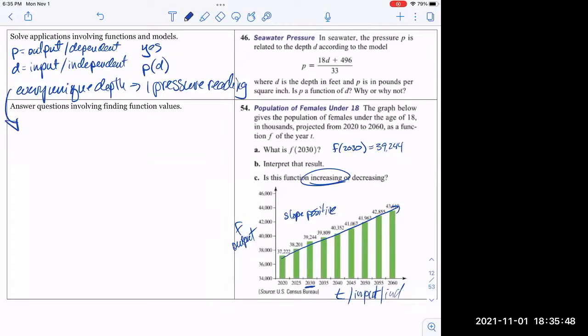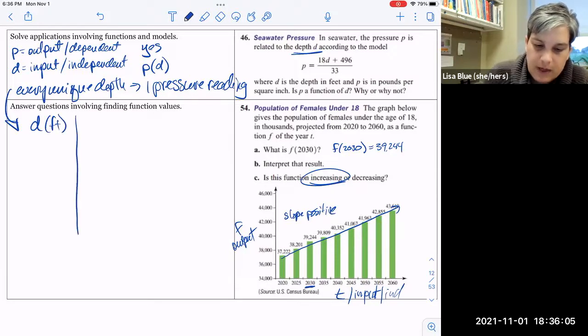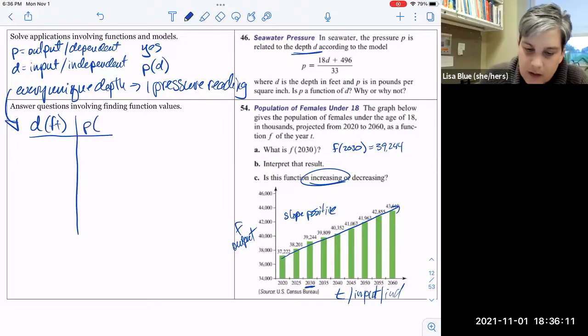If I were to make a table of values just to see how this works, I could say the depth D, depth is in feet, so D is in feet. Whenever I pick a value for D, that's going to give me an output of P, the pressure in pounds per square inch. So I could pick D equal to 10.